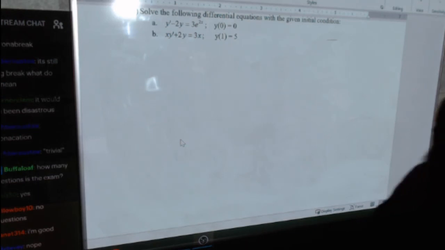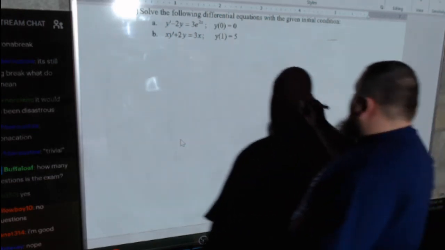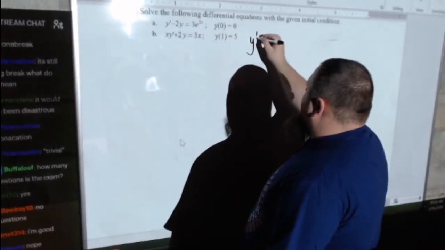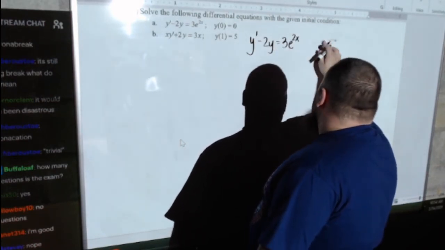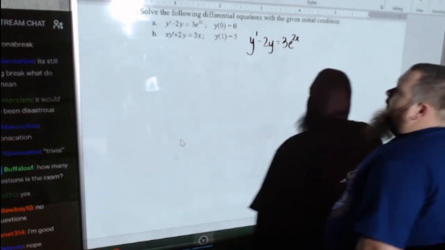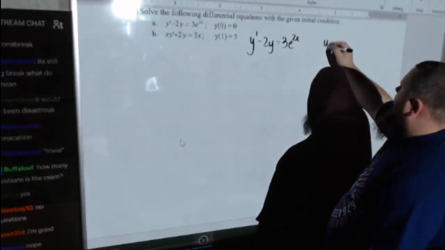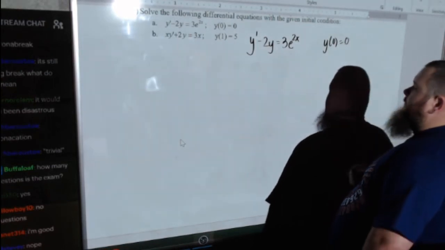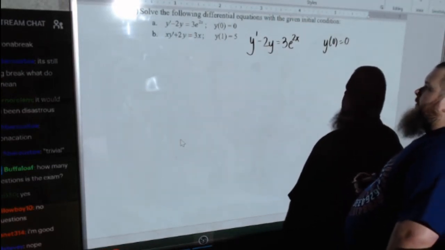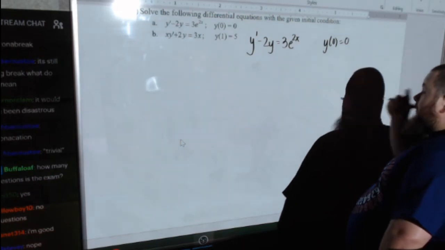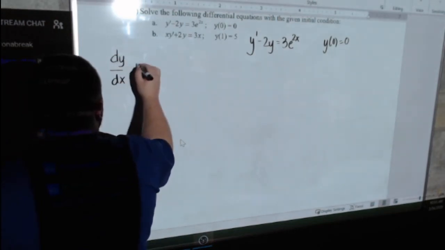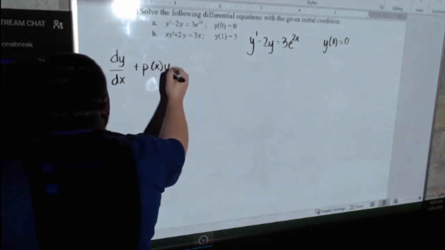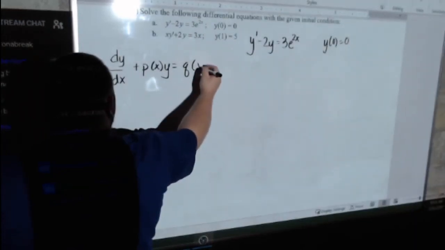All right. So 11a, I've got y prime minus 2y equals 3e to the 2x, and y of 0 equals 0. Recall that for integrating factor, we've got to be in this format: dy/dx plus p of x y equals some q of x.